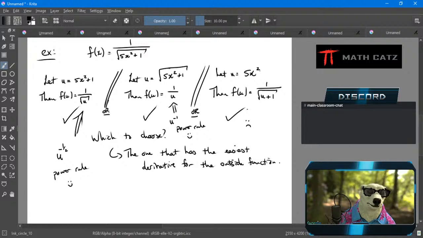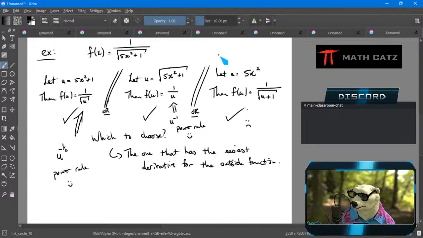Before I put the derivative layer on top, I need to be able to deconstruct this. And I need to be able to see my choices. These are, for example, three obvious choices that come to mind first. I need to know what my choices are so I can pick the most convenient one moving forward.